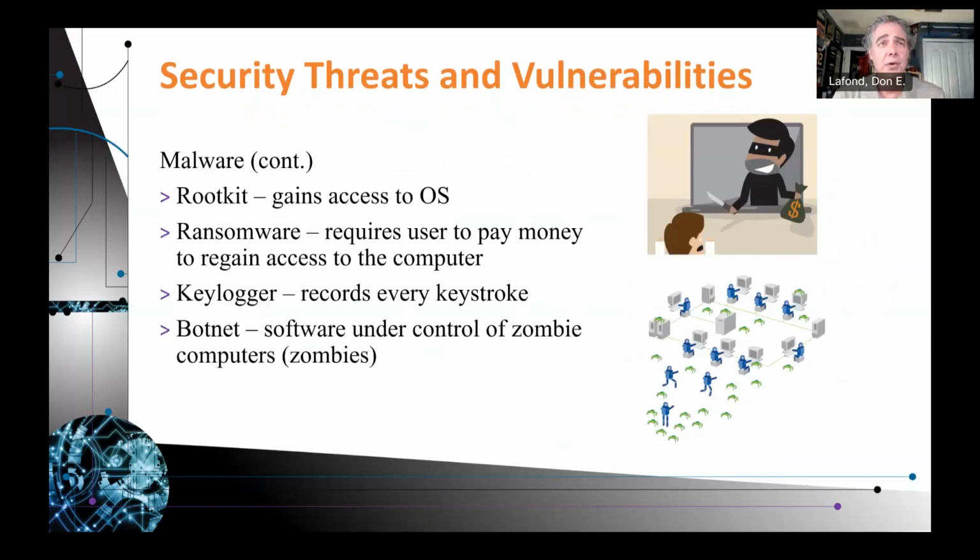Malware, a rootkit. Now, rootkits are used by many people to replace the operating system, but it can be used in a malicious way to gain access to the operating system to do something that's not authorized. I want to be clear.